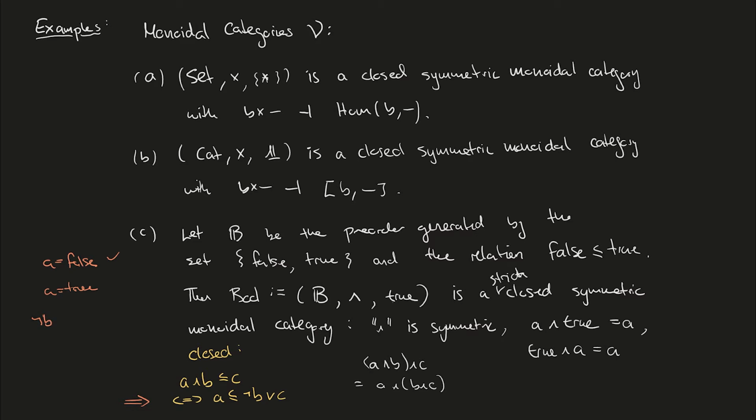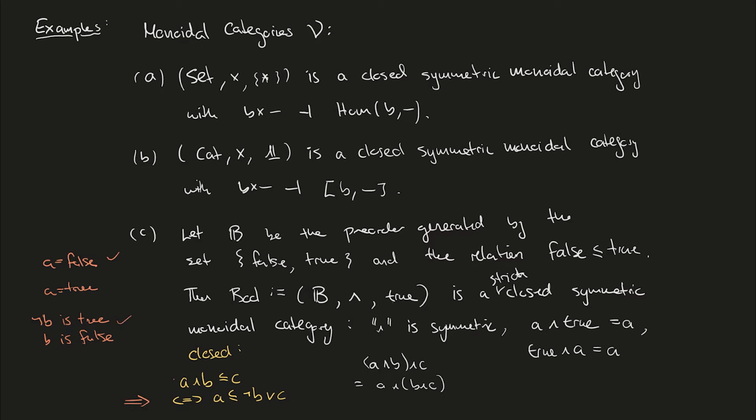Either not B is true, in which case B is false, and then that means that A and B is false, and then it's less than or equal to any C. So that case is good.